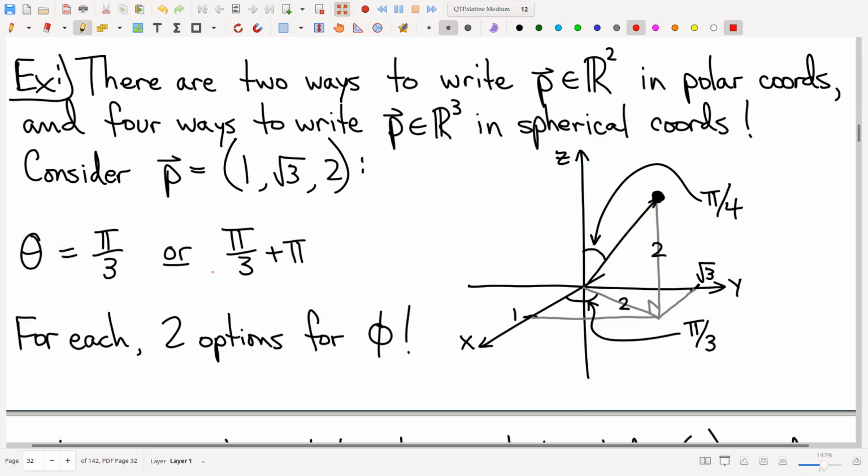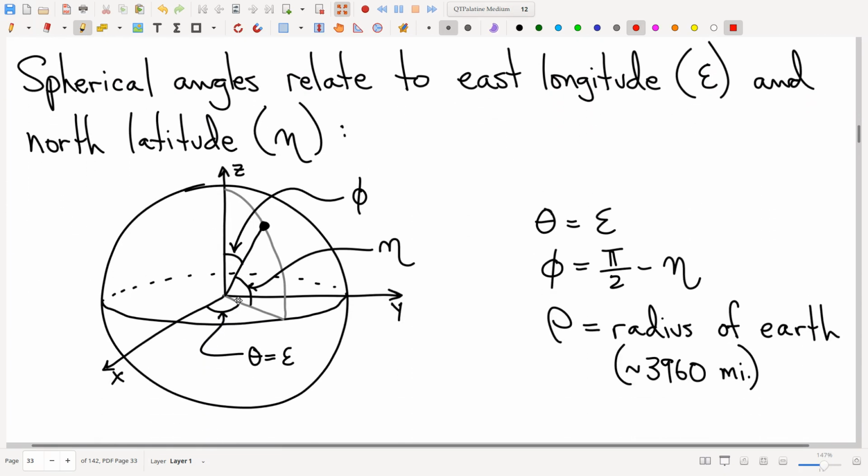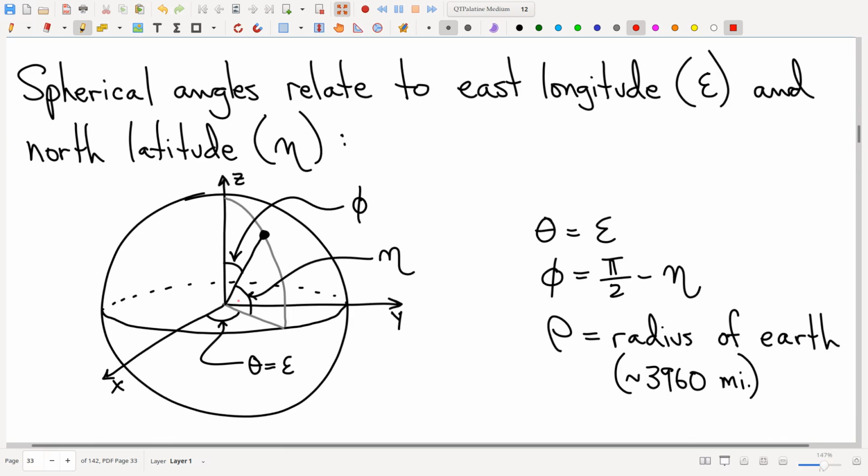Okay. All righty. So here's a fun exercise. You can imagine the Earth being a sphere with its center at the origin, where the prime meridian is right here, in the direction of the positive part of the x-axis.